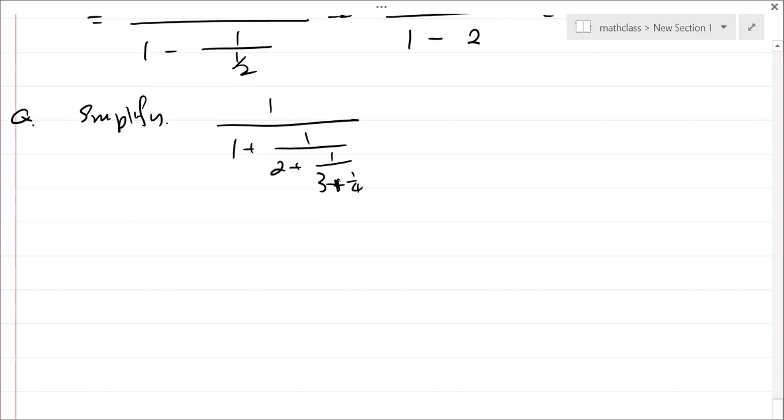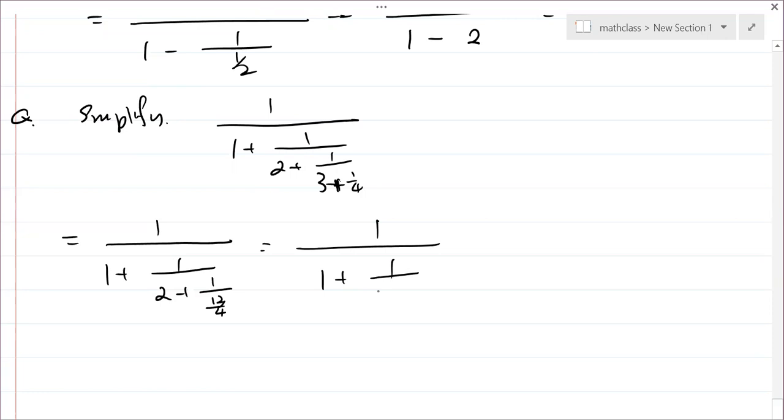All right. So it sounds like you guys are doing a good job. To do this, you have to do it step by step. You have to add 3 plus 1/4, which is going to be 13 over 4. Then you have 4 over 13.